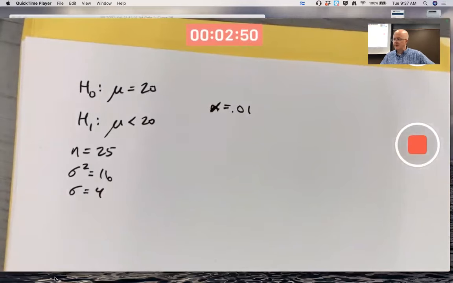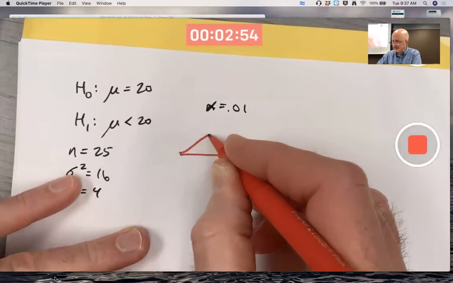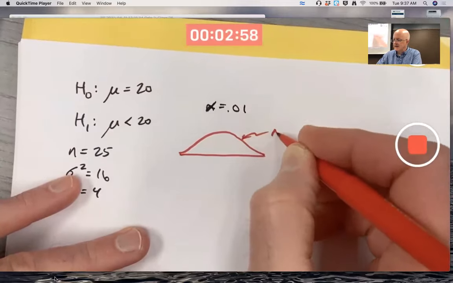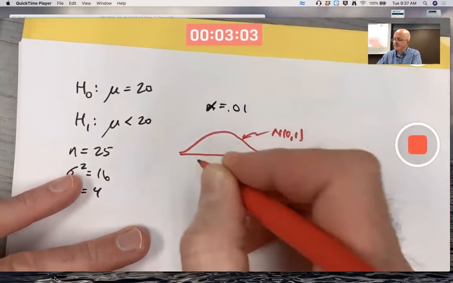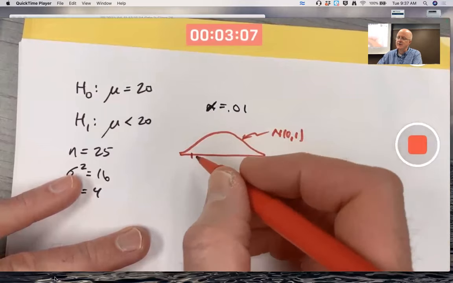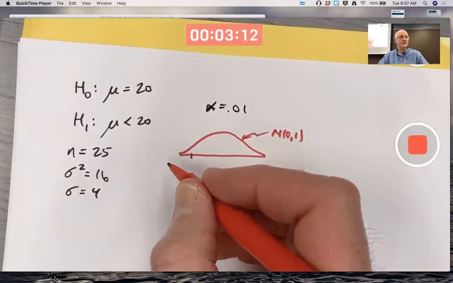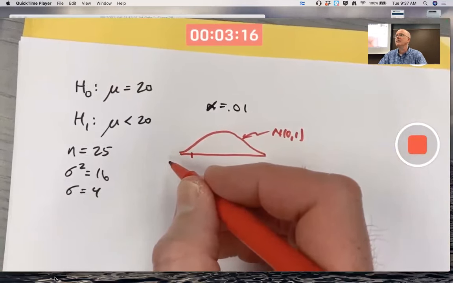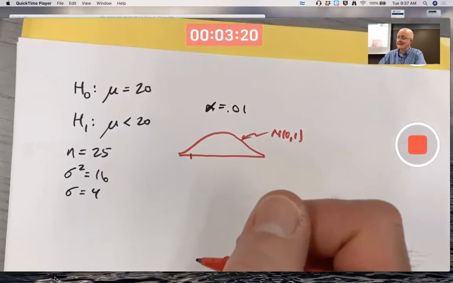So we're looking for the critical region of a left-tailed test. This is supposed to be the standard normal distribution, N(0,1). If it's a left-tailed test, then I want a critical region that's to the left of some number that could be verified with Neyman-Pearson that would be a best critical region, leading to a most powerful test for the given level of significance.